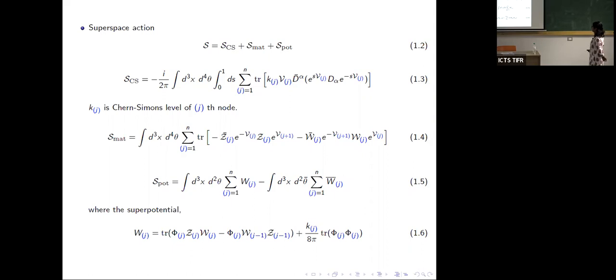The superpotential which comes due to the Chern-Simons part breaks supersymmetry, and the net thing is N equals 3. So the modification is in 2 places: one is you add the Chern-Simons term, and you add this W. The Chern-Simons term will come with its own superpotential. The K sitting here is the Chern-Simons level.